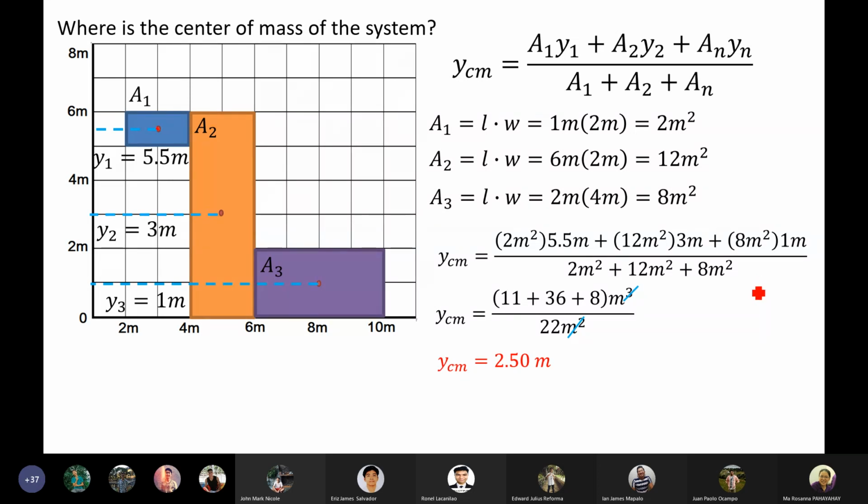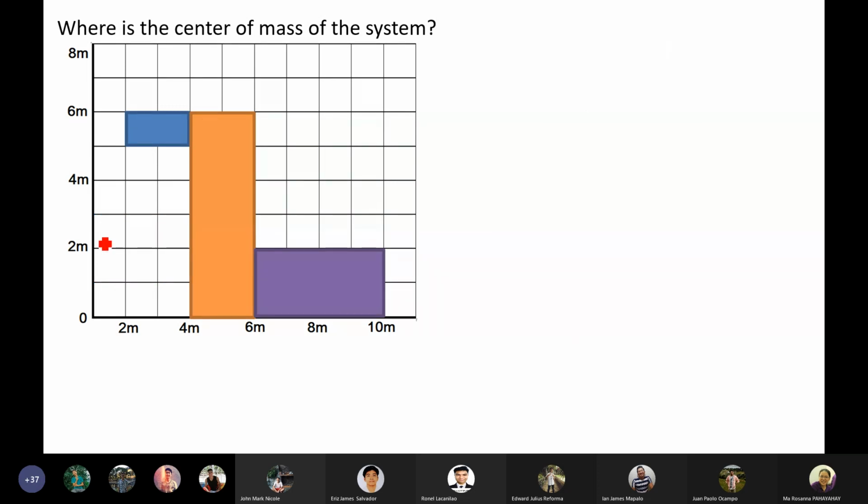That is for the position of Y. So it means roughly nandito. Now, if we will have here the L shape again, ang ating center of mass, ito muna si X, roughly here, malapit sa 6, and then si Y, center of mass along Y, that is 2.5. This is now the center of mass of your system.